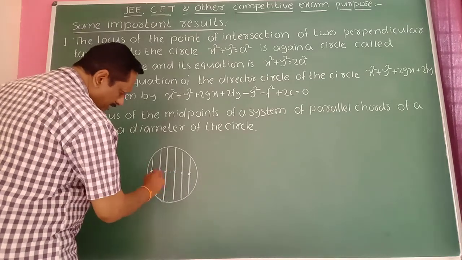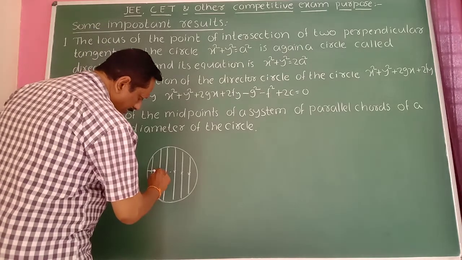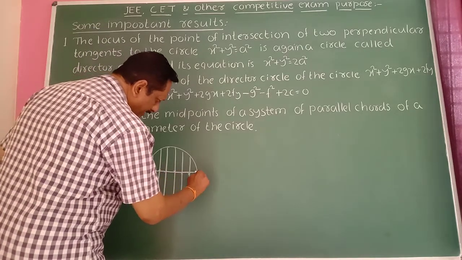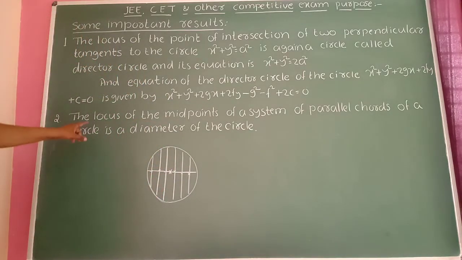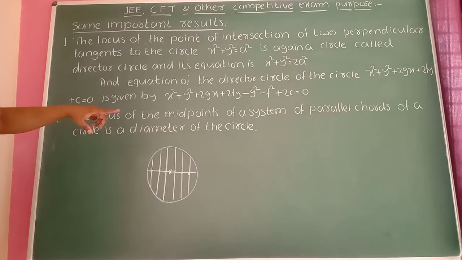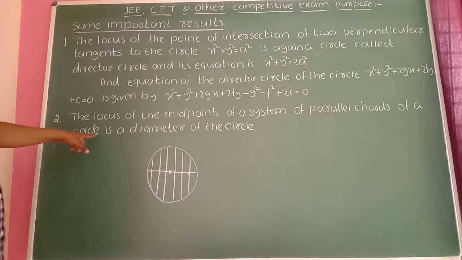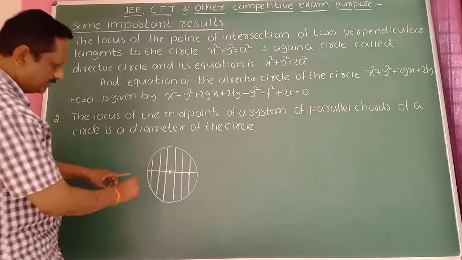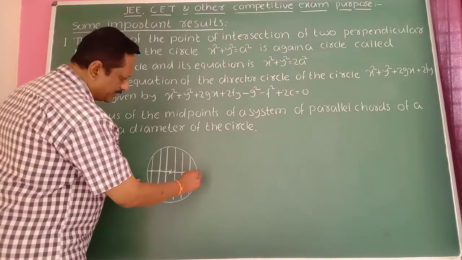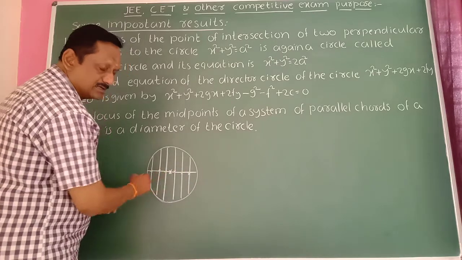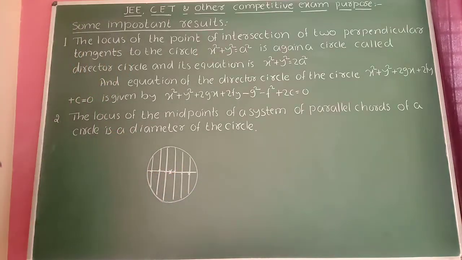Then if we join all these points here, that is the diameter of the circle. Therefore, the locus of the midpoints of the system of parallel chords of a circle is the diameter. So if we join all the midpoints here, that line passes through the center, then obviously it is the diameter of the circle here.